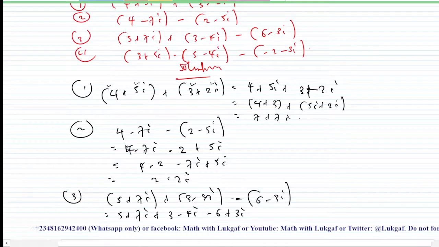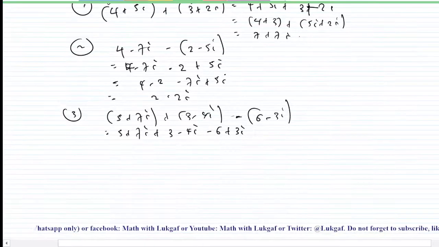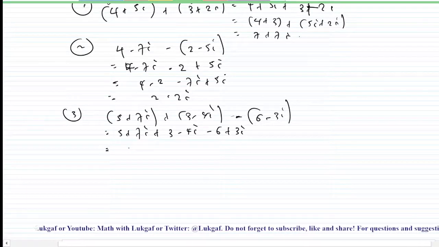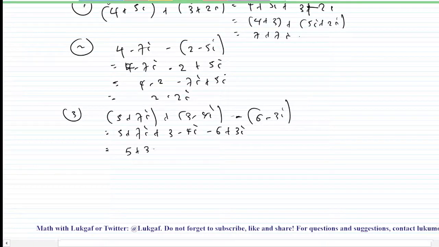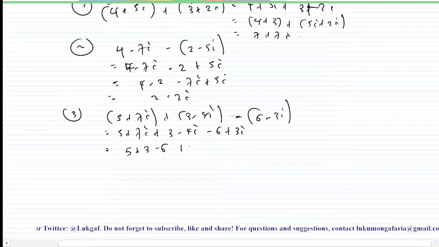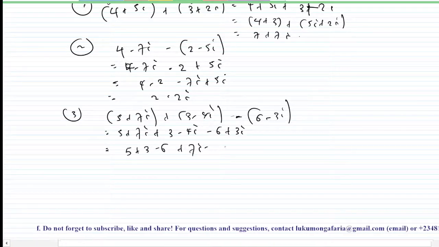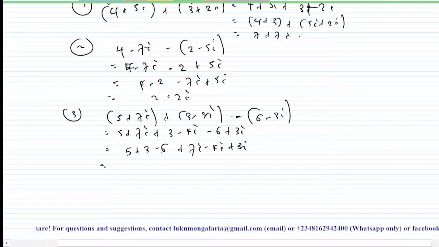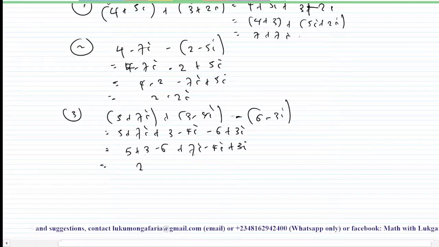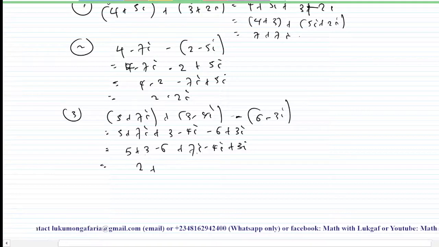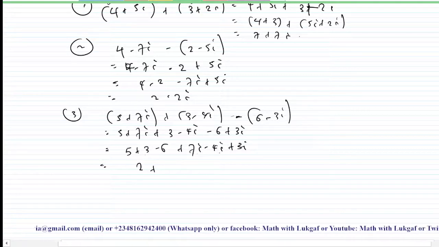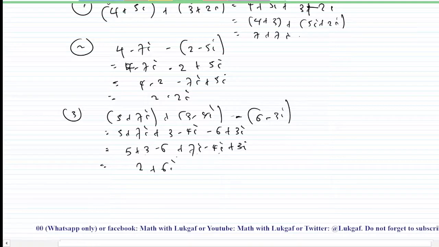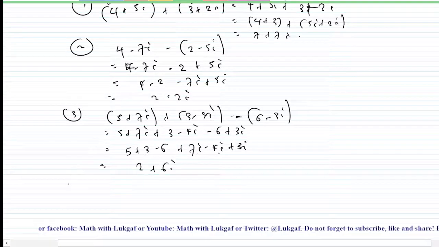So at the end of the day, if you collect the like terms, real with real, imaginary with imaginary, I'm going to have 5 plus 3 minus 6, plus 7i minus 4i plus 3i. Then this is 8, 8 minus 6, that's 2. Then plus 7i minus 4i, that's 3i, plus 3i, that's 6i. You can see it is very simple.